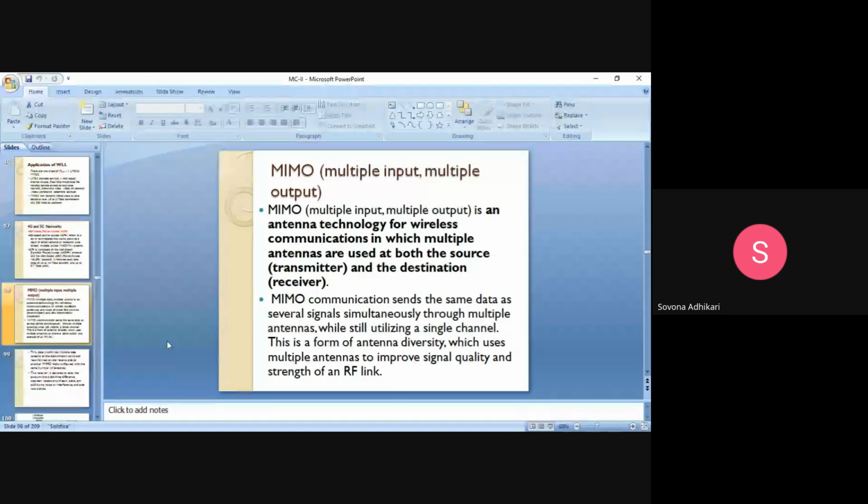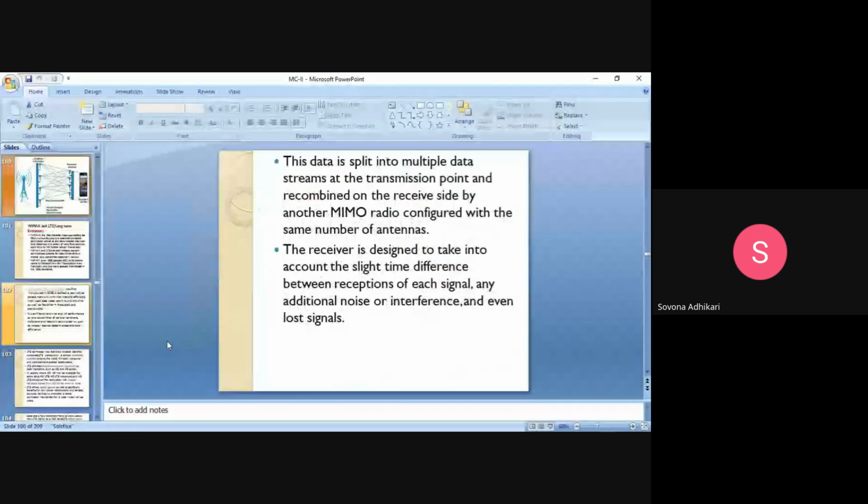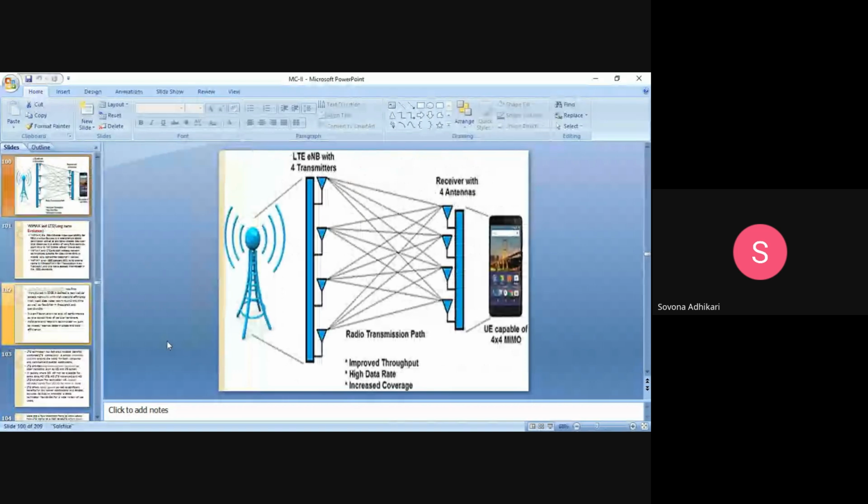You see, this is a 4 cross 4 MIMO. A receiver with 4 antennas and LTE enabled, also four transmitters.